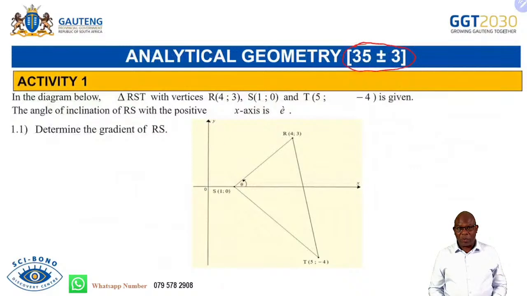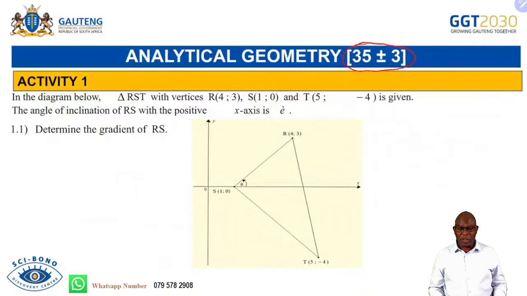Out of those 35 marks, I must get at least 20 marks. Remember, you've got your grade 11 and your grade 12 analytical geometry. In grade 10 and grade 11 analytical geometry, those questions we must get right.